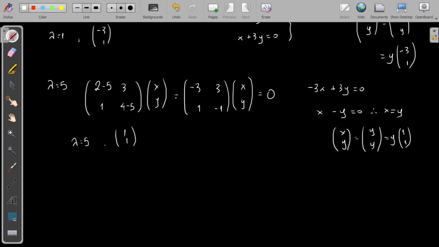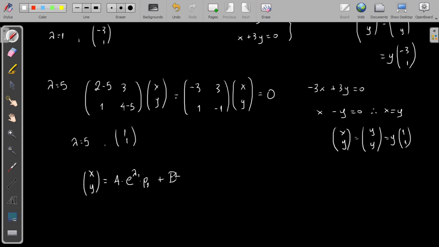The solution will always be in this form. x, y should be equal to a constant times e to the first eigenvalue times the corresponding eigenvector, plus b, another constant.